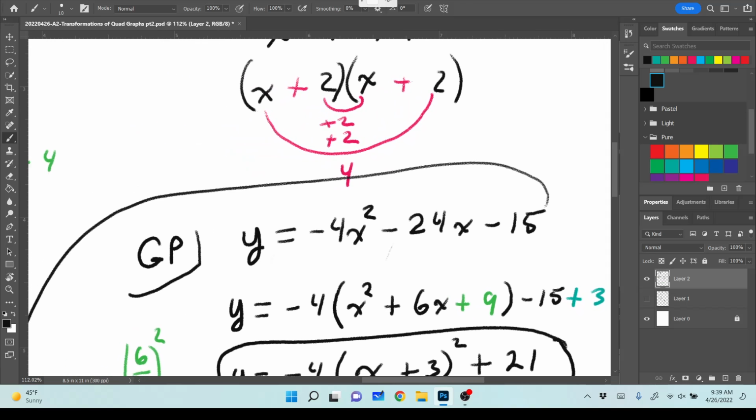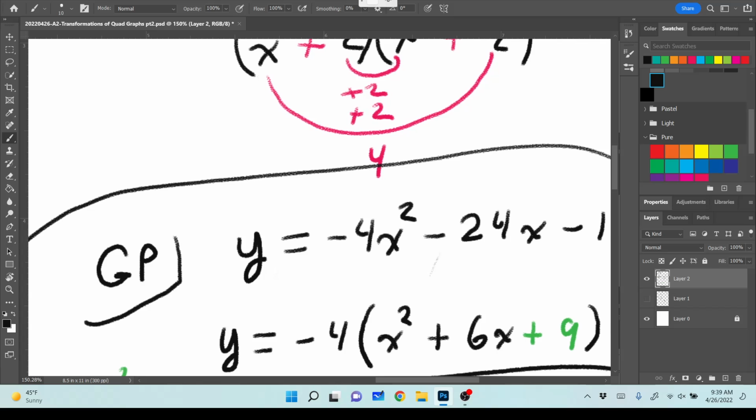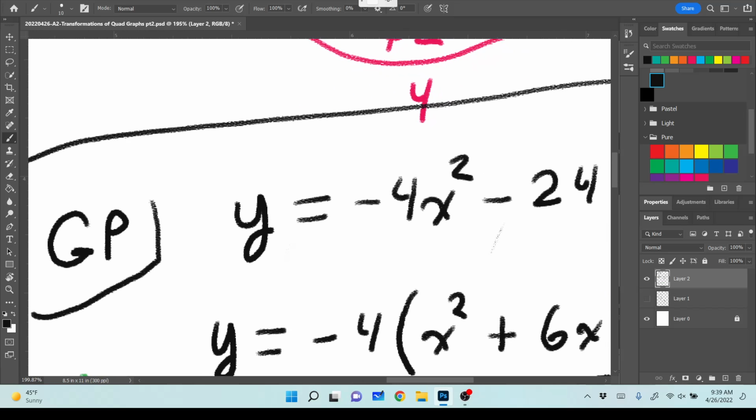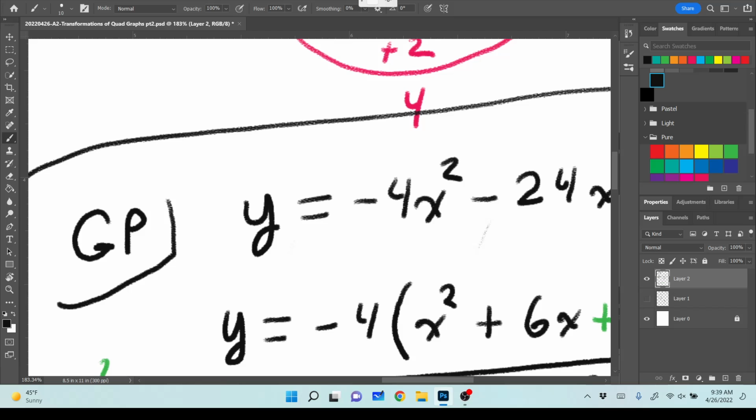Good. The 9 came from, so it's got a minus 15 on the outside, right? So that's there. What's the b at this step? 24x.